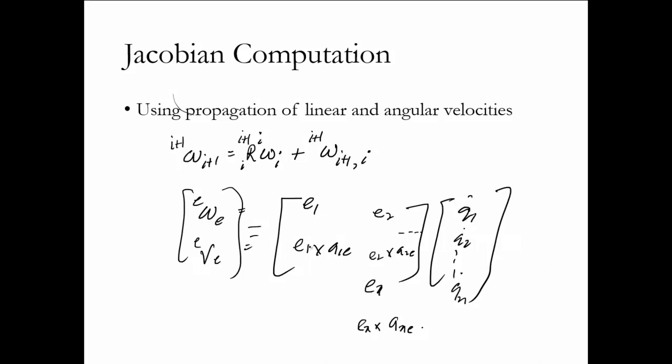So you can say z1 or z1 cross a1E and all those things. This comes from here: omega is nothing but theta 1 dot z1, or we can also write that as theta 1 dot e1. So those e1s and theta 1 dots go here.